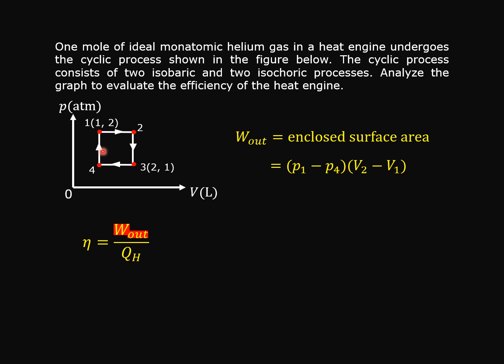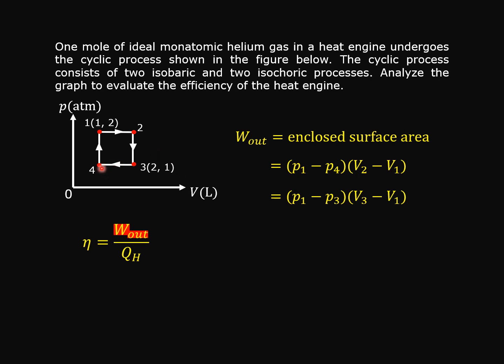So here we get P1 minus P4, and for this one, we get V2 minus V1. By multiplying these two quantities, we get the surface area of this square, which is the enclosed surface of this cyclic process.